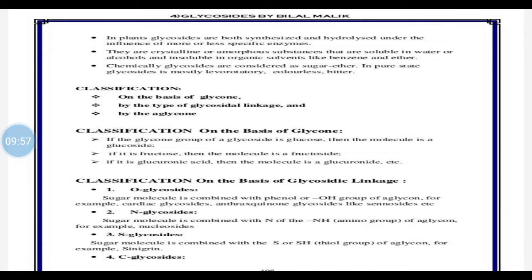One classification is based on the type of glycon present, other classification is based on the glycosidic linkage, and accordingly the four classes are there: O glycosides, N glycosides, S glycosides, and C glycosides.